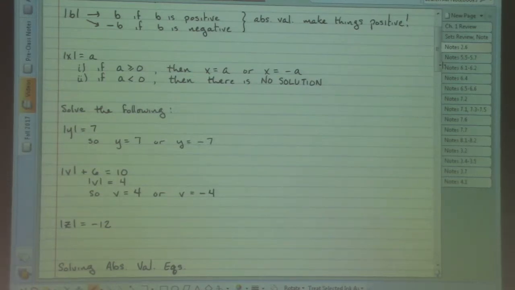So this actually cannot happen because the absolute value cannot be negative.